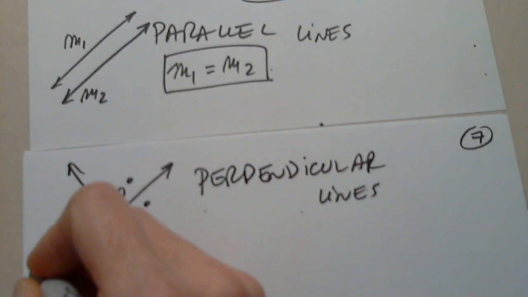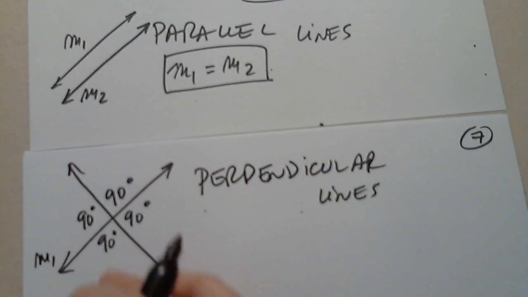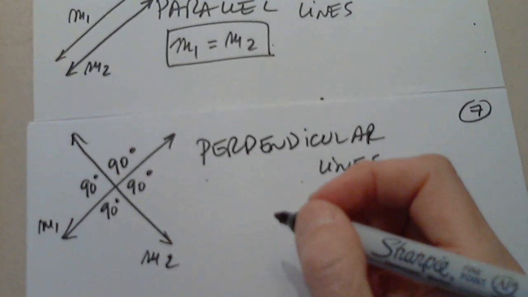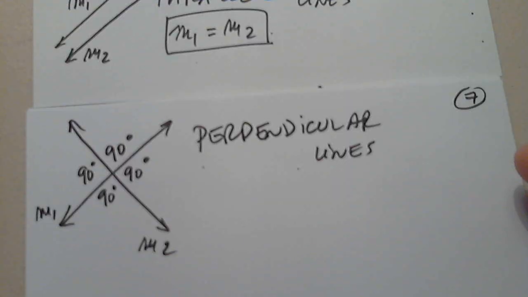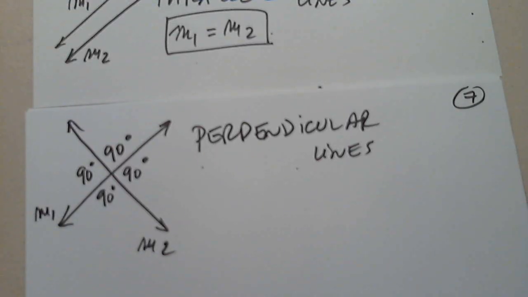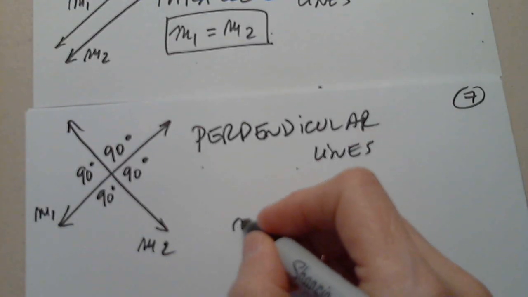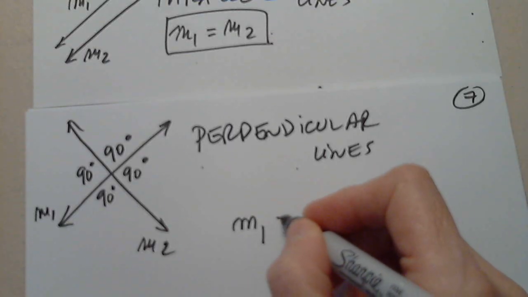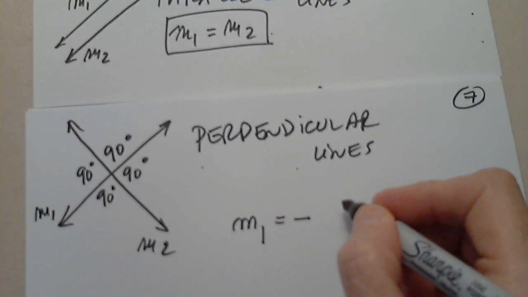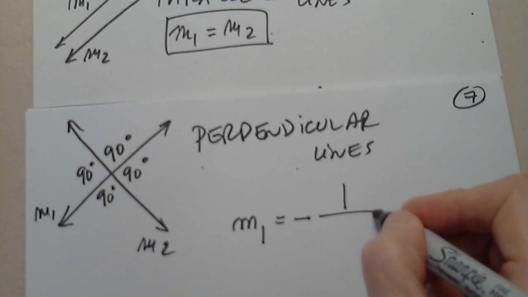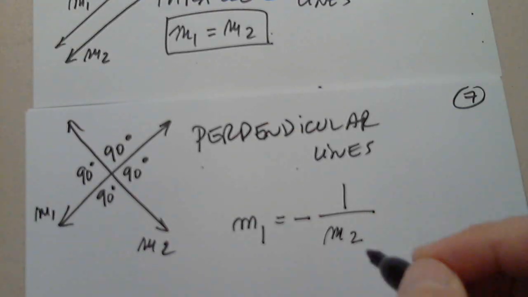So if this line has slope m sub 1, and this line has slope m sub 2, the relationship between the 2 slopes is the following one. You either say, which I don't like to say because there is an easier way, that one slope is the negative multiplicative inverse of the other slope.